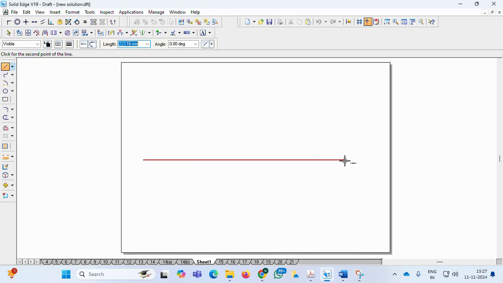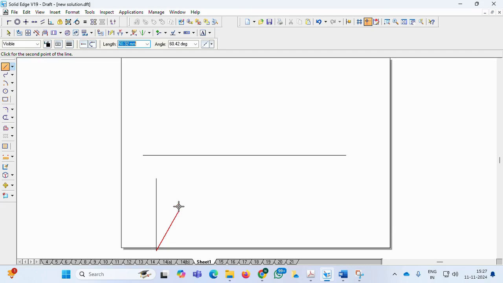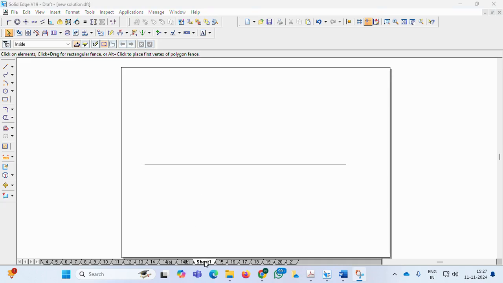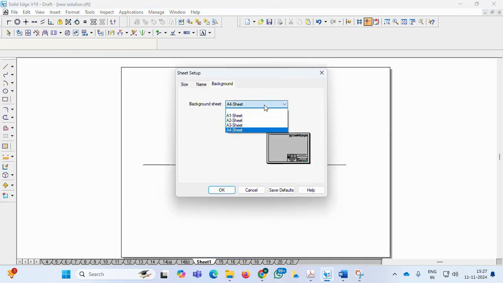So first draw one XY line and then draw the equilateral triangle. So this is 80. I will change this to A2 size because it won't fit.